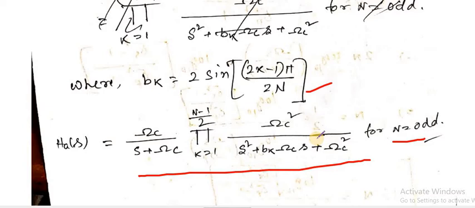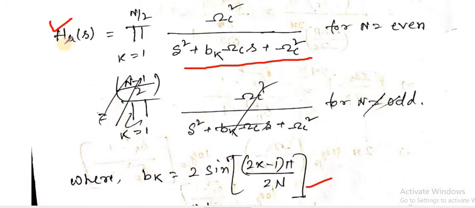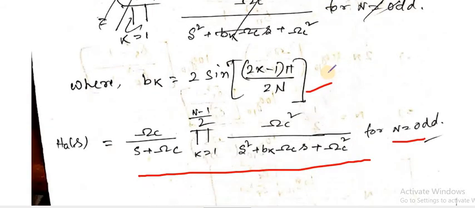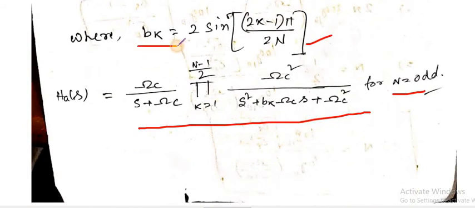If we know the order and the cutoff frequency of the filter, then we can write down its analog transfer function HA. If the order is even, this formula will give you your transfer function, and you can calculate the corresponding bk. Similarly, if n is odd, you can write down this.